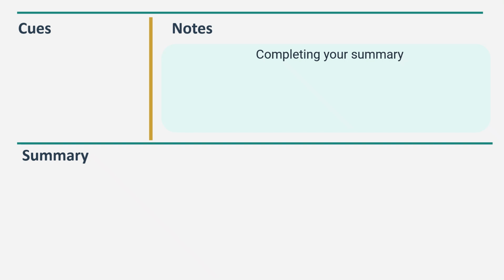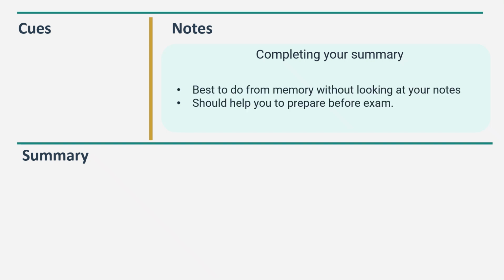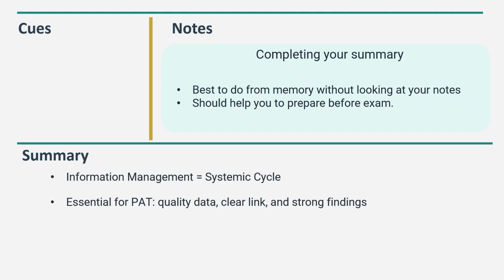Now let's summarize and complete your summary. This is best to do from memory without looking at your notes. And yes, this is in your final exam papers because it's in question 6 under information management. So, first bullet, information management is a systematic cycle that takes you from identifying a problem through collecting and processing data to presenting findings and making decisions. It's essential for PAT because it ensures your work with quality data creates a clear link and produces strong findings.